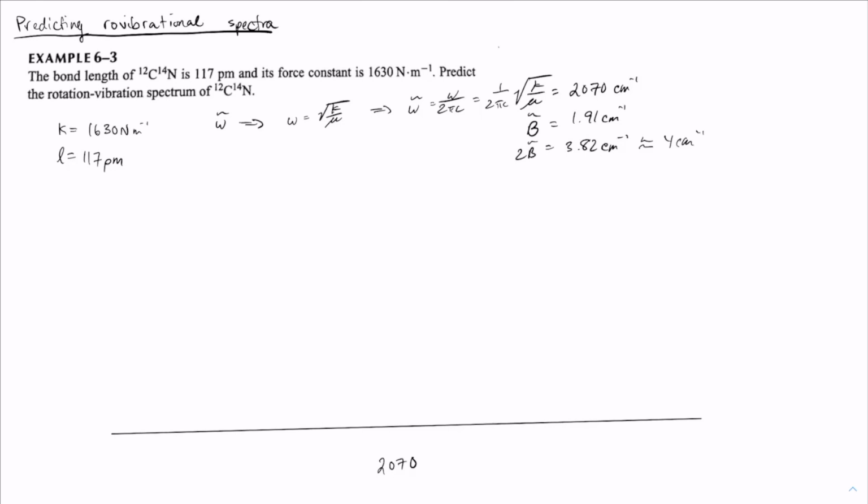And so then that means that over here at 2074 and over here at 2066 will be your first peaks, right? So here you'll have your first vibrational rotational peak at 2074 in the R branch, and then your first P branch is over at 2066 over here.